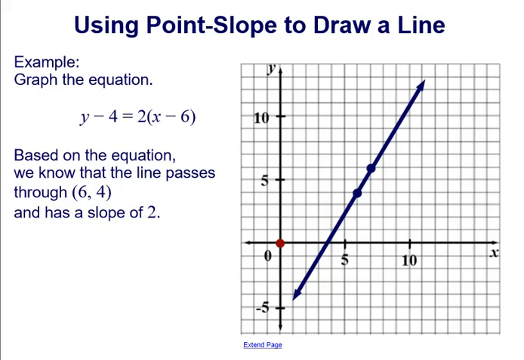We can see that the line passes through the point of 6, 4 from x1, y1, and that there's a slope of 2 from that coefficient of the parentheses of x. So we can start out by graphing 6, 4, that's this first point here. And then we can use the slope of up 2, right 1 to get our next point to draw our line through.